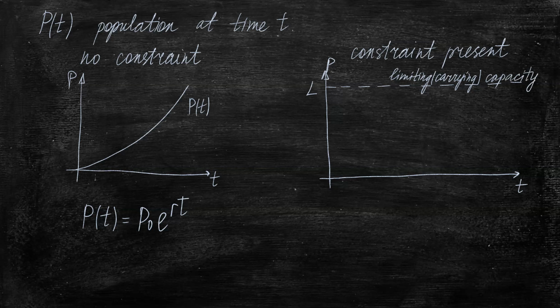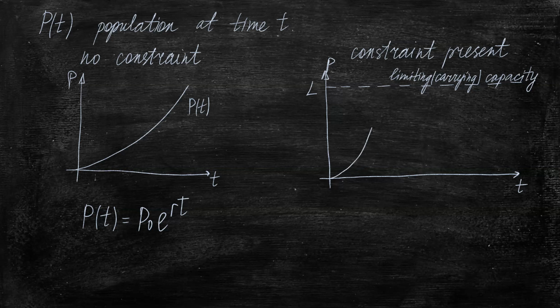So what happens if you look at a function that grows but has the limiting capacity? Clearly it cannot grow through that limiting capacity, right? That would be a violation of the condition. So what's going to happen? Naturally we would expect the population to grow rapidly at the beginning when the limiting capacity has no effect.